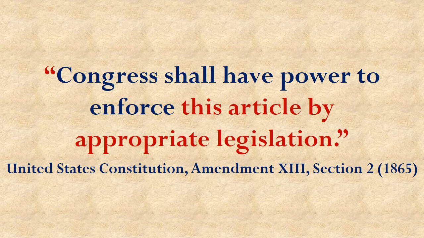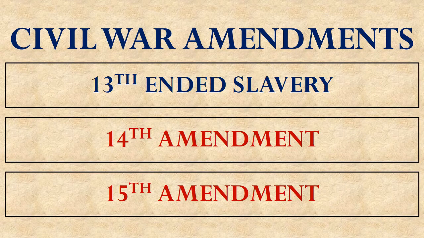In other words, once it was declared that there'd be no more slaves, Congress could then have power to force the slave owners to give up their slaves, to force the southern states to prohibit slavery. So the 13th Amendment ended slavery.